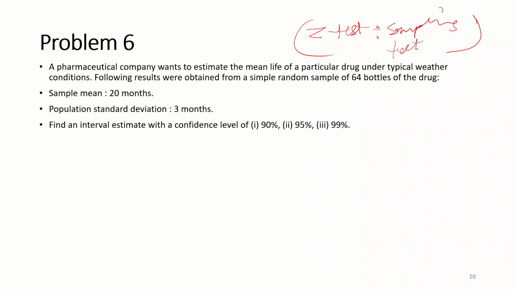We calculate the standard error by dividing by the square root of n: 3 divided by the square root of 64, which is 3 by 8. I think we can start solving it.